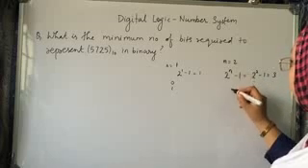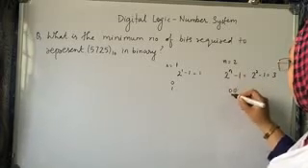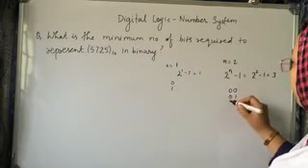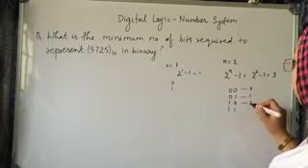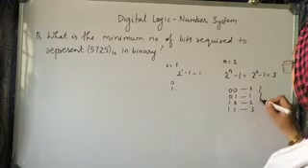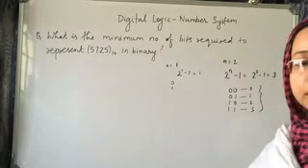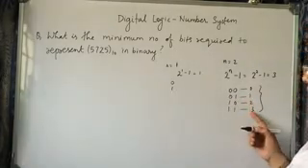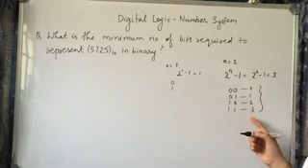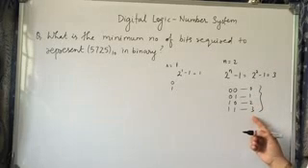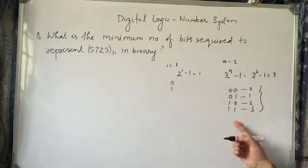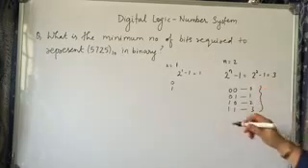With 2 bits, 00 is the smallest number, then 01, 10, 11. These are 0, 1, 2, 3, in total 4 numbers. But the largest decimal value you can represent in 2 bits in binary is 3.